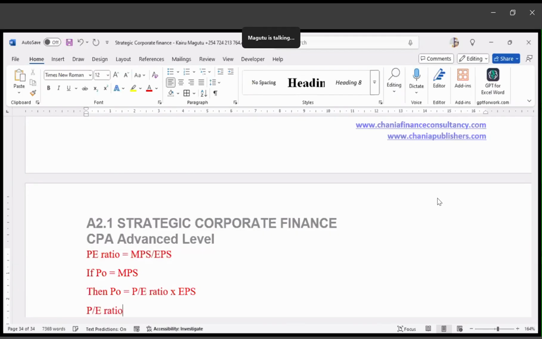So do we have the price earnings ratio? Is there a price earnings ratio from the question? Someone to give us the price earnings ratio? Not available.